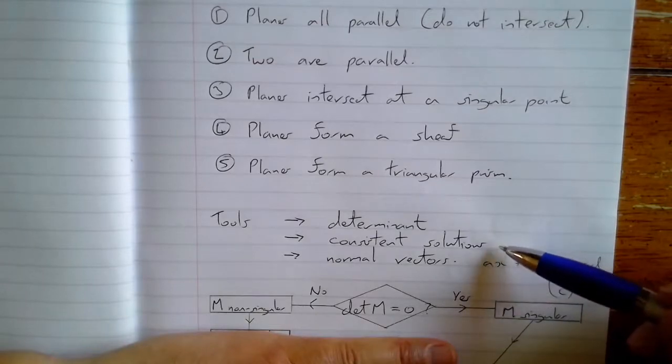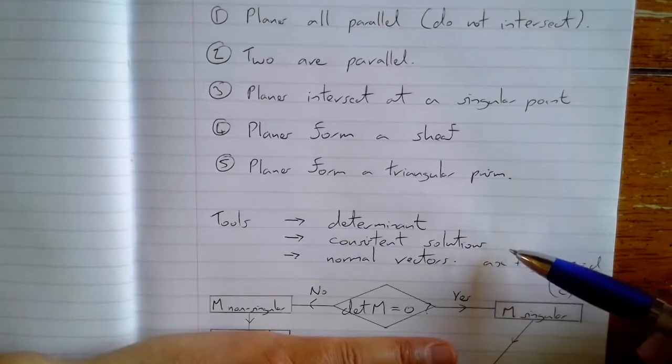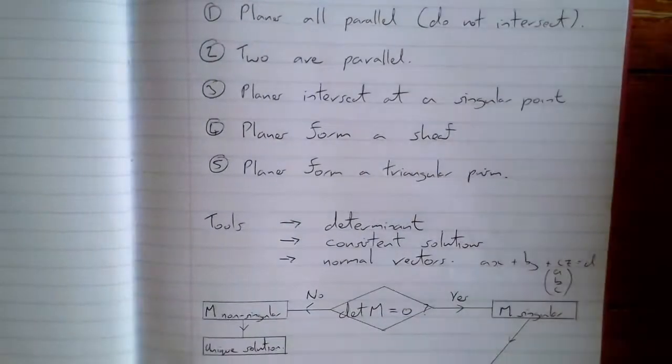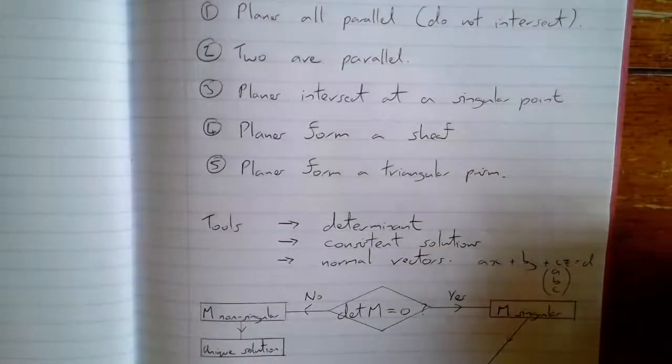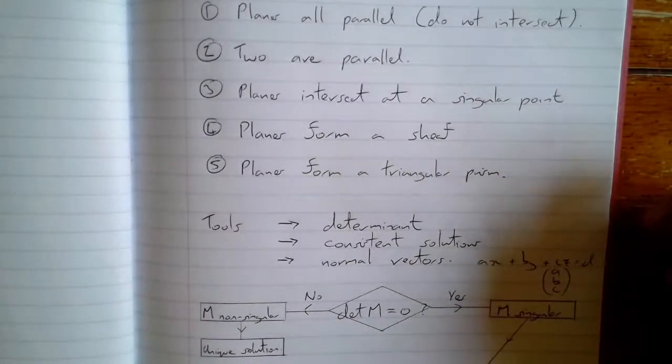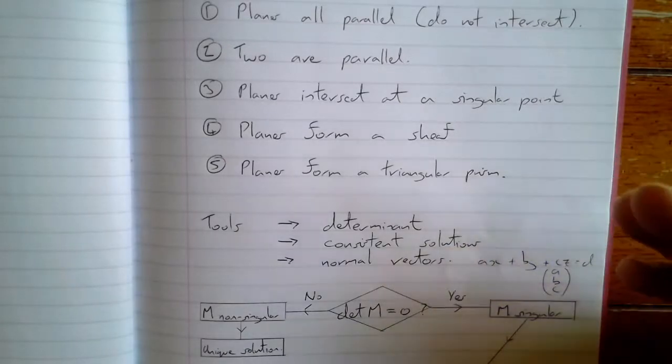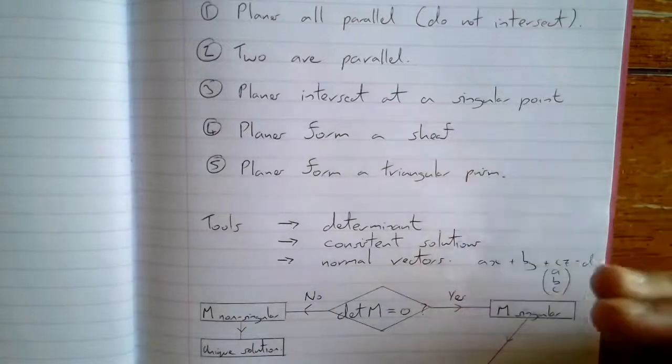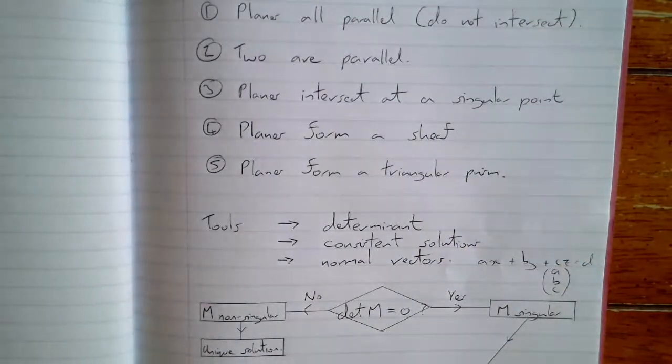Consistent solutions. So that's what we did the other day, actually. We did that when we were doing, crikey, what were we doing? Let me have a quick look back. So I'm just reminding myself now. When we were looking at skew lines the other day, we solved for 2 of the equations that we got and then tried to see if they were consistent with the third one.